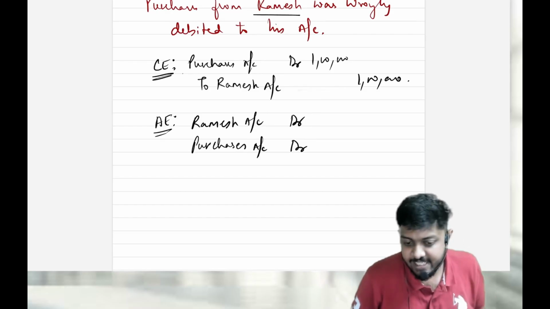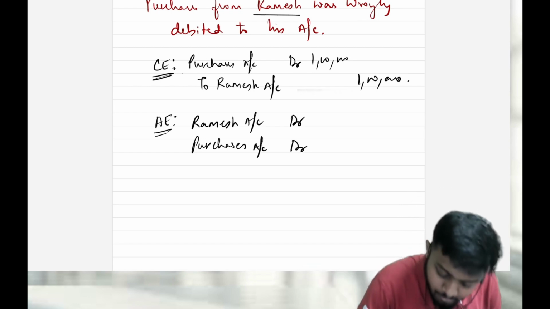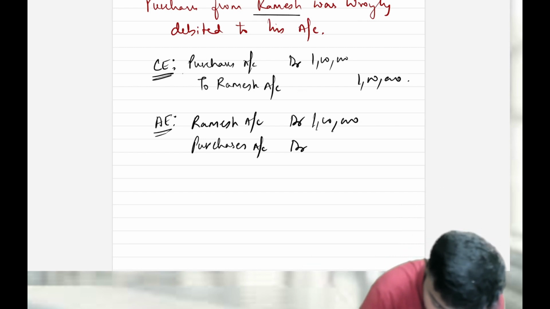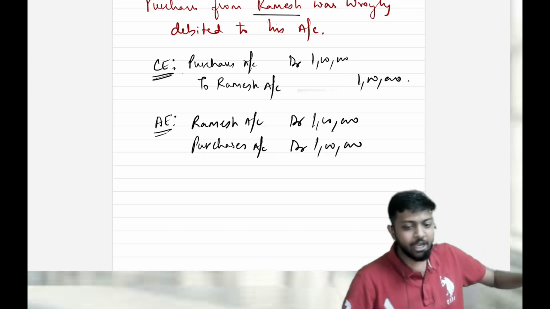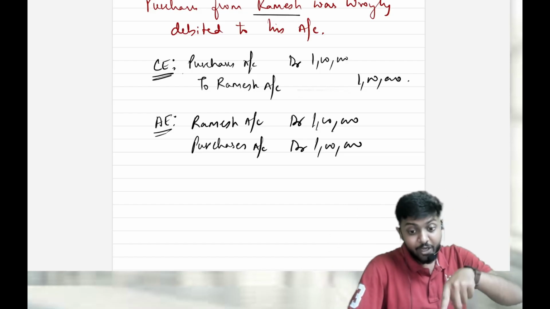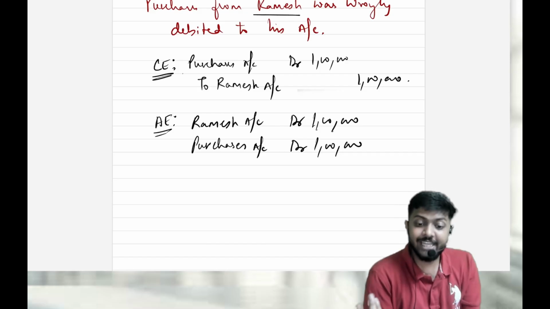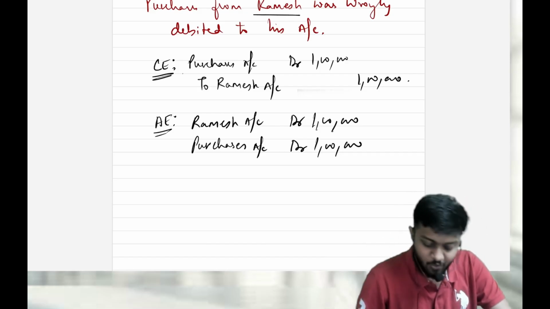The effect has happened like this: both have been debited, 1 lakh and 1 lakh. Now by looking at the actual entry, is it a single-sided error or a double-sided error? Is debit equal to credit? No, debit is 2 lakhs, credit is nothing. Of course, debit is not equal to credit. It's a single-sided error.